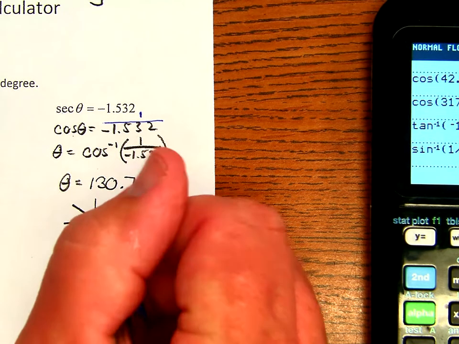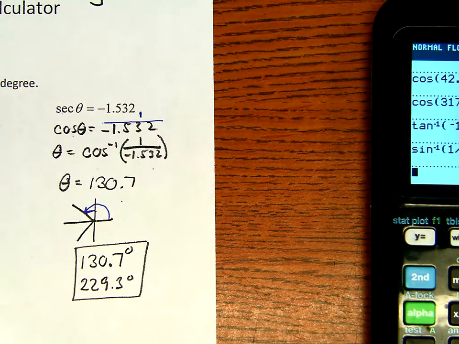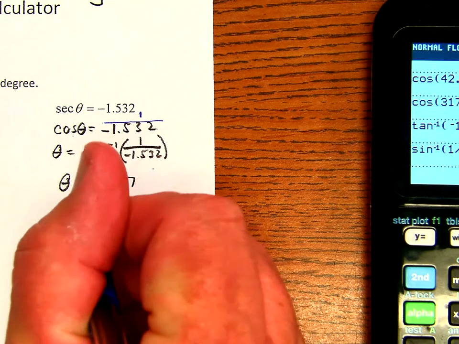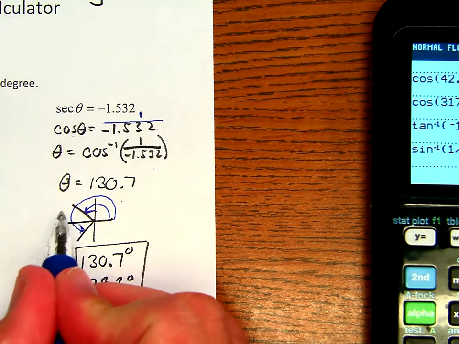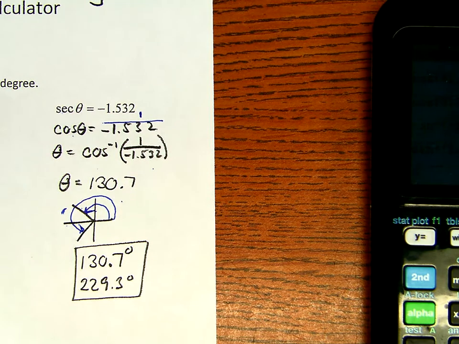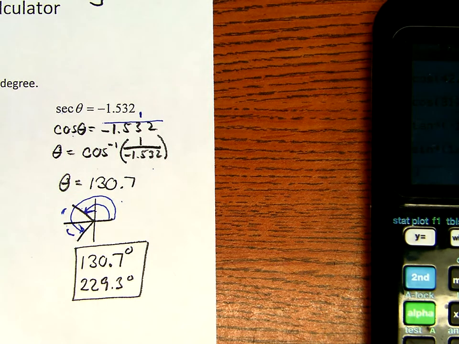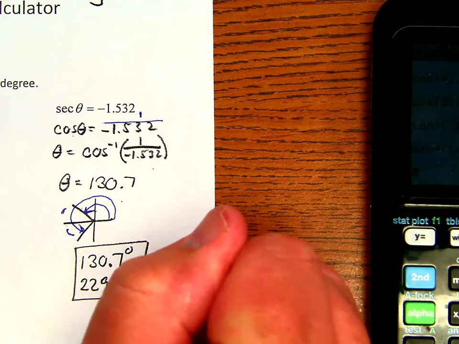So that 130.7 is the second quadrant solution. What we need is the third quadrant solution. So we're going to find this reference angle in here. 180 minus the 130.7 is how far away it is from that closest x-axis. So that's a little less than 50 degrees. Then we're going to go that far past 180, 180 plus that number, and that gives us our two solutions.